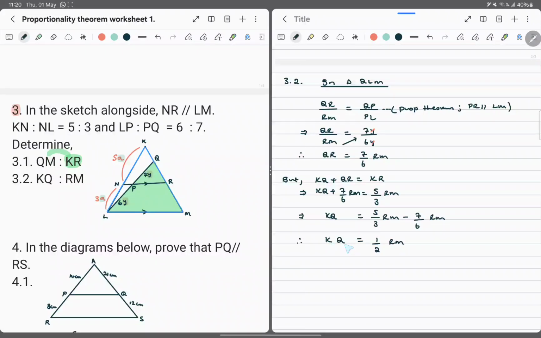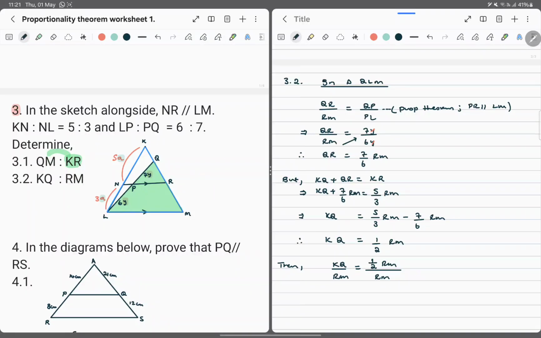Can you see? Once we have expressed KQ in terms of RM, it's then easier to perform this ratio because RM is already there. So we will write KQ divided by RM. What is KQ? KQ is a half RM, all divided by RM, because RM is as it is itself.